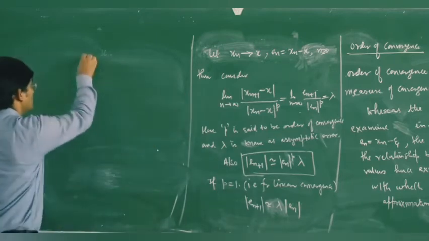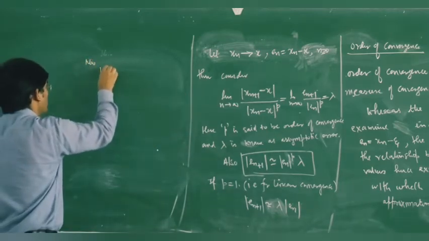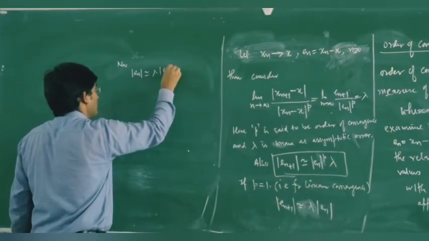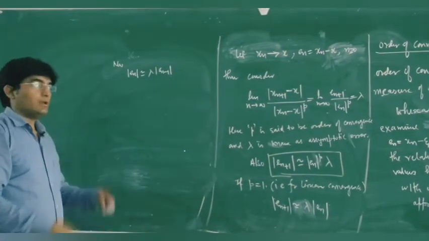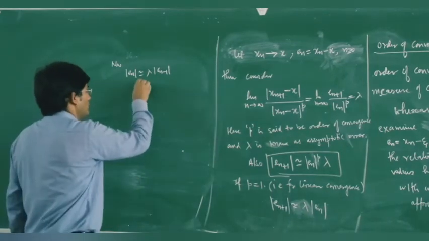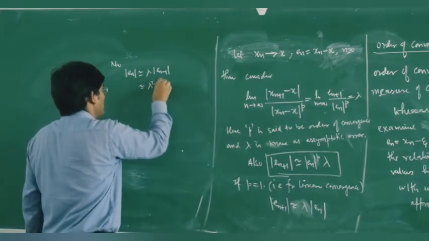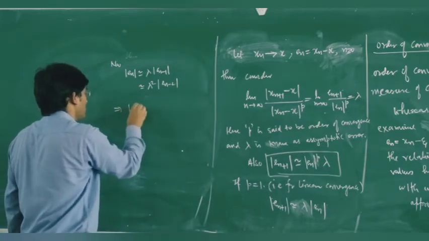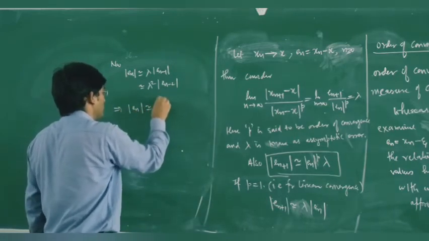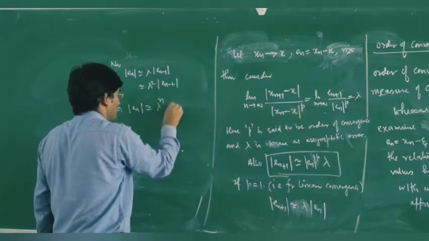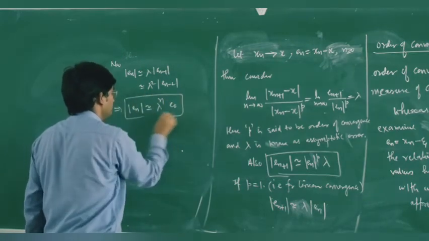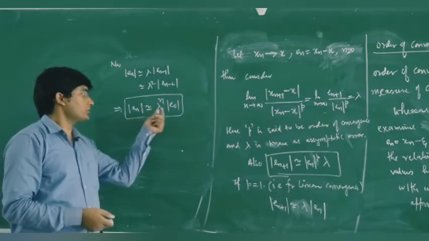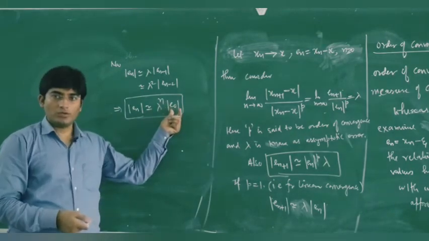Modulus of en again is less than or equal to lambda times en minus 1, which is approximately lambda square en minus 2, and finally en is approximately lambda power n into e naught.